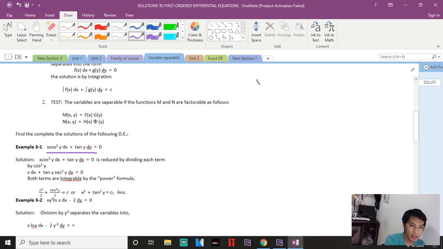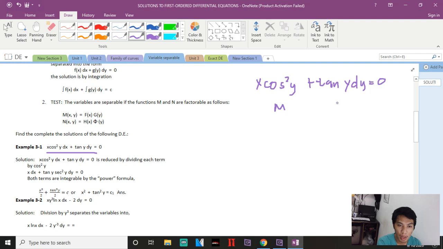Yung x cosine squared y dx plus tangent y dy equal to 0. As you can see, yung M natin, this is M, and this is N. Yung M natin kasi is meron pa ring y.